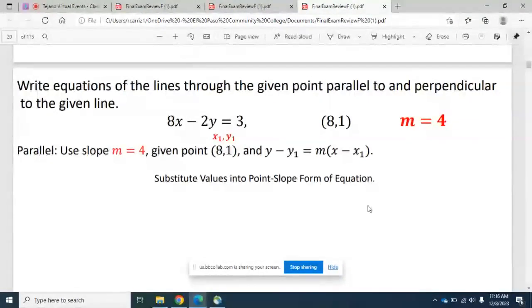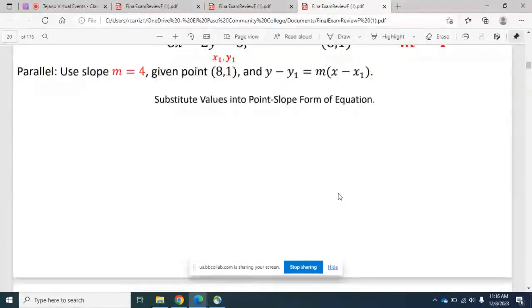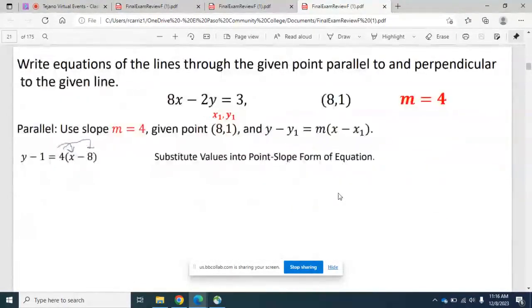So my point slope formula is y minus y1 is equal to m times x minus x1, where m is my slope and the x1 and the y1 is the point that I want my line to go through. So now that I have everything, my point is 8, 1. This refers to the x1 and the y1. My slope is 4. Let's go ahead and plug in and solve.